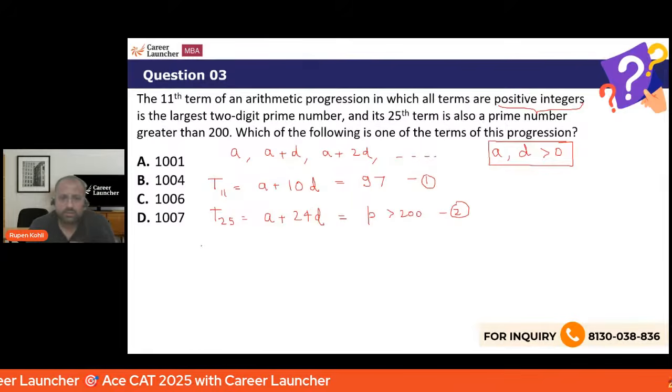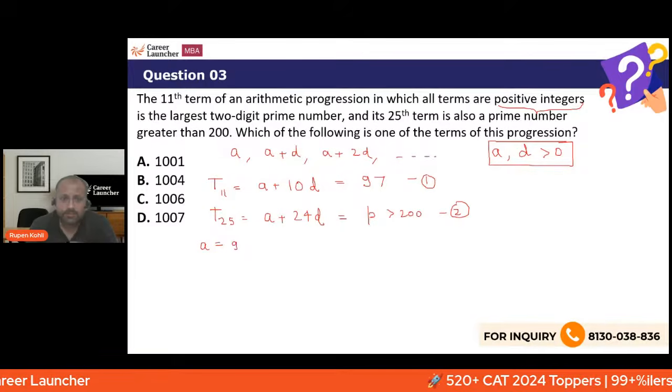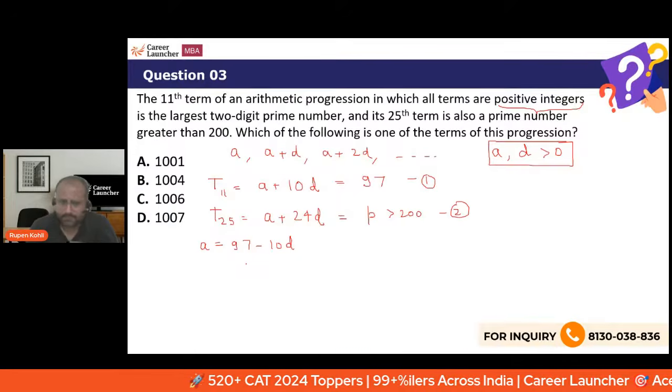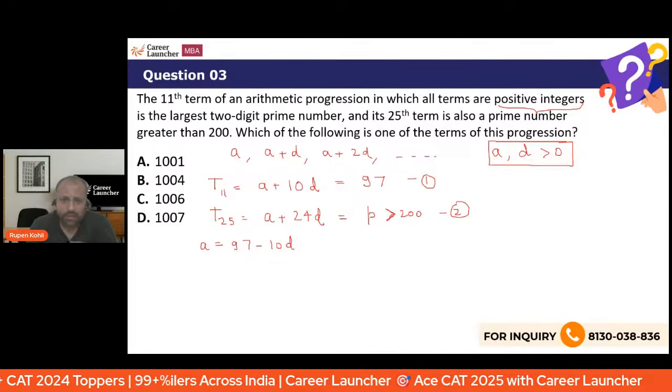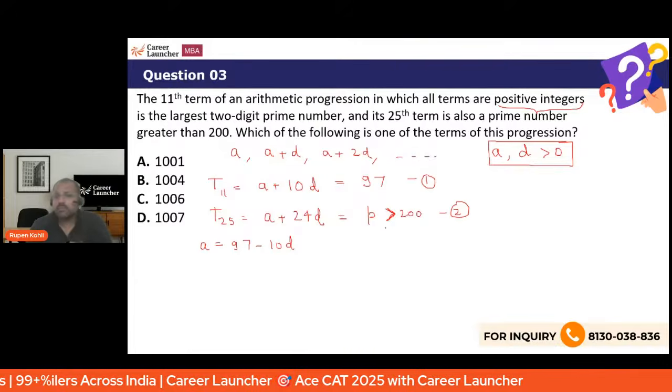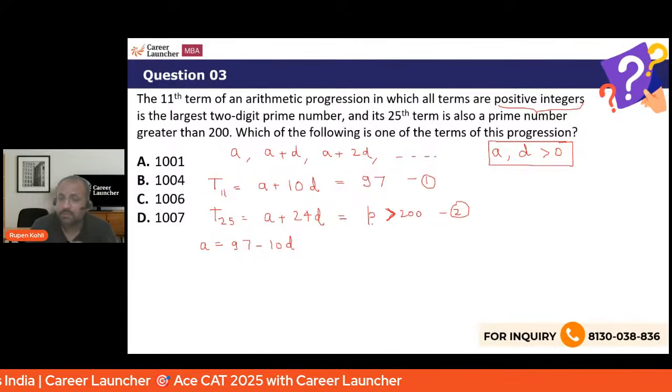All right, so let's eliminate one variable at least. Let's put in a as 97 minus 10d in this equation, because then we also have this inequality condition. So perhaps something might come across.